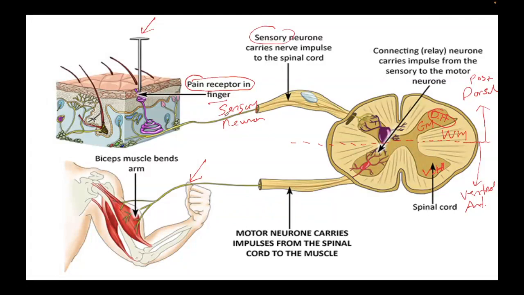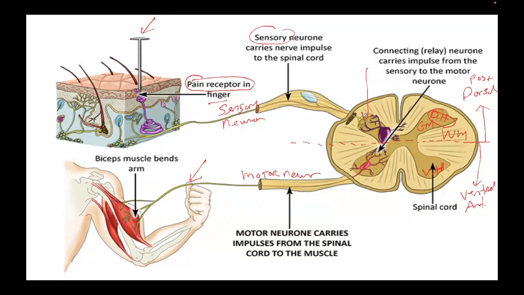So this sensory information is coming in and is going to synapse where? At this dorsal horn. And then there's some processing of that information, or should I say a relay of that sensory information to a motor neuron.